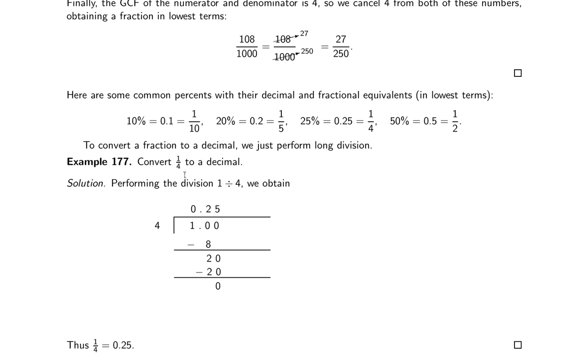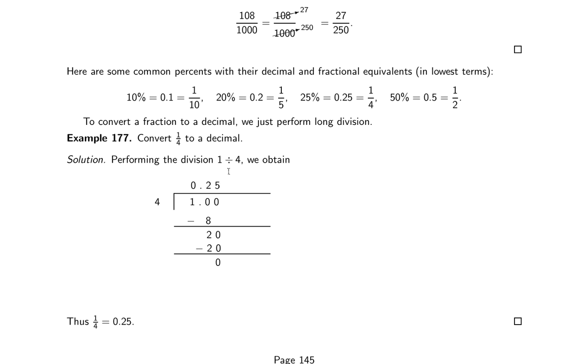Convert 1/4 to a decimal. Like we've seen, we just do the division. Here we're replacing the 1 by 1.00 and dividing by 4. So 4 goes into 1 0 times, 4 goes into 10 2 times, put the 2 above that first 0. 2 times 4 is 8.